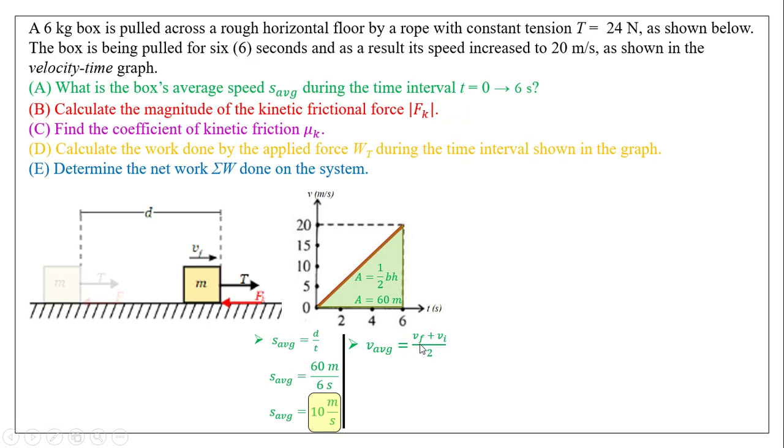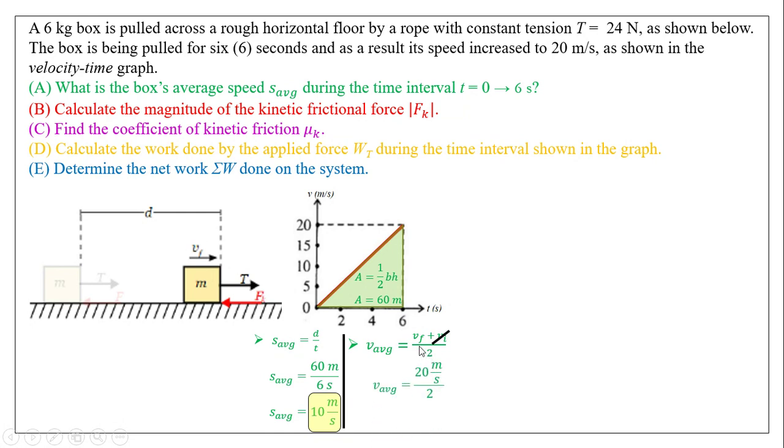Here, I know v_i is 0 because the graph says so. And v_f is 20, because the graph shows that it speeds up to 20 meters per second in a time of 6 seconds. I have v_f, which is 20, and I'm going to divide it by 2.